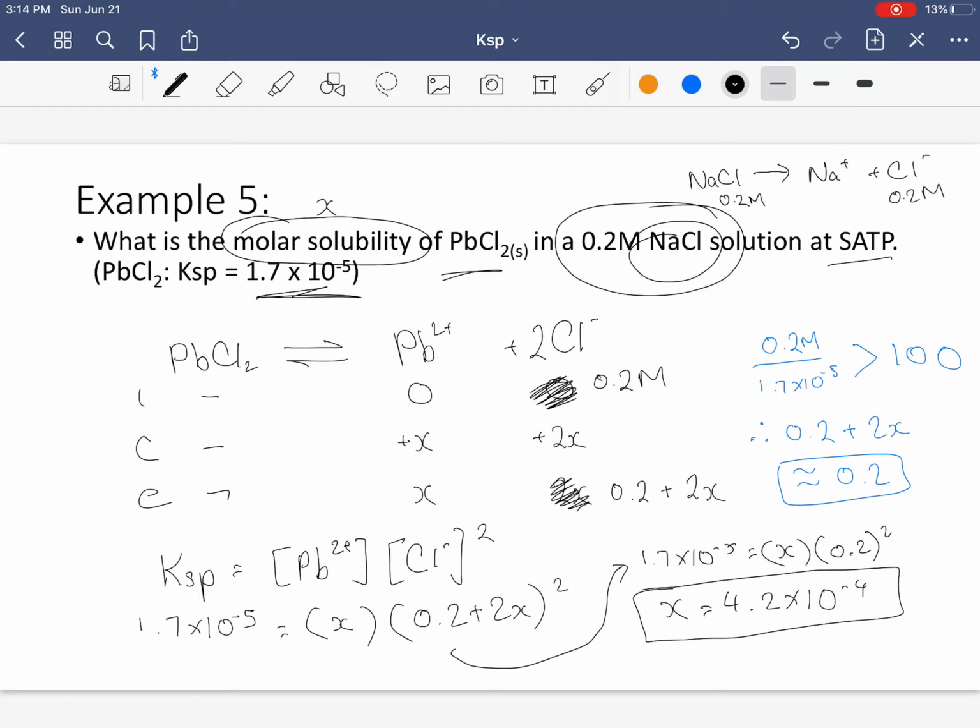So what this number means is that to reach saturation point, this molarity, or you can say 4.2 times 10 to the power of negative 4 moles for every 1 liter of water, will give you a saturation point. Anything more than that, you will start to get a precipitate.